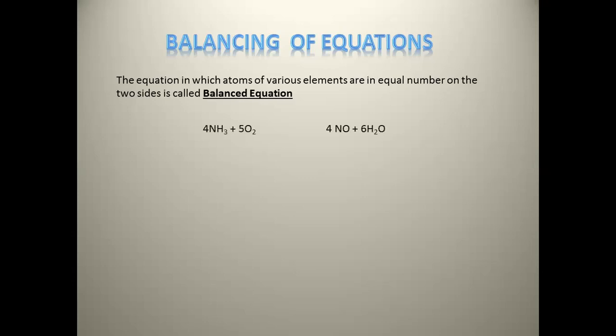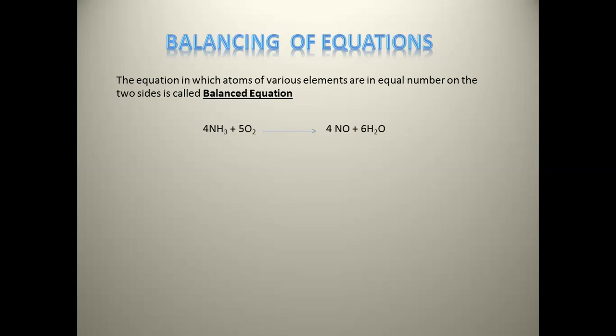Let's take one example: 4 molecules of NH3 react with 5 molecules of O2 to form 4 molecules of NO plus 6 molecules of H2O. You can see, students, that on both sides the number of atoms of each element is equal.